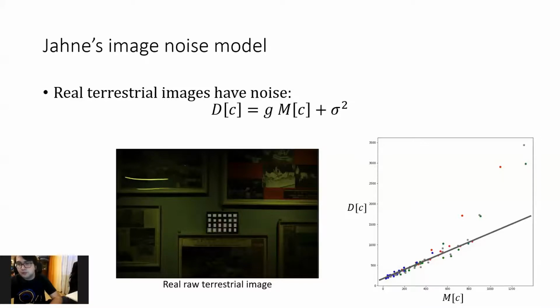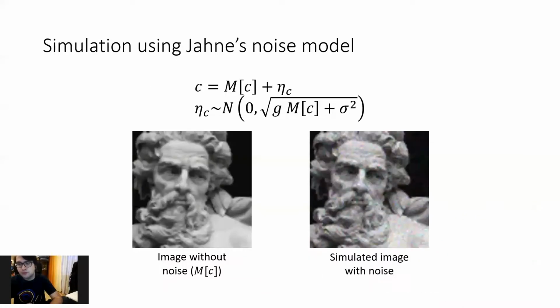On the left is a raw image with color targets in the center. And on the right, we plot the dependence of the signal variance on its mean for the pixels of the color target.